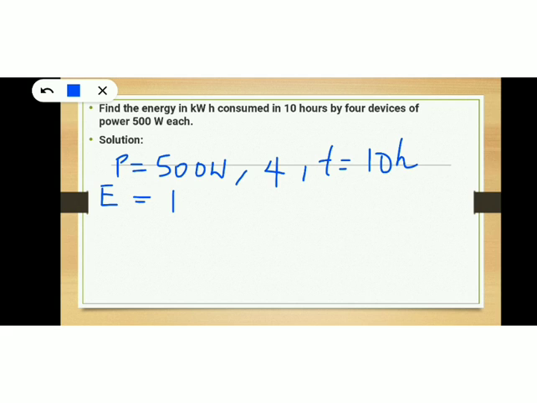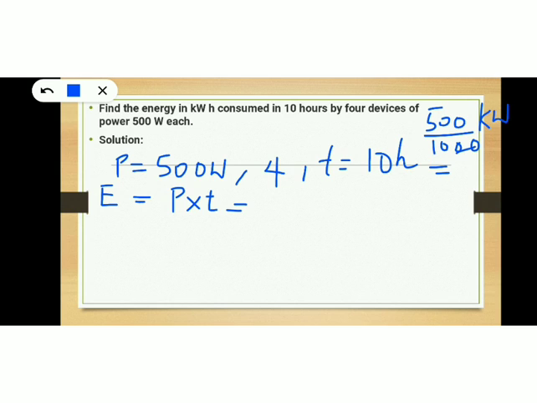So energy is obtained by multiplying power with time, equal to 500 kilowatt. Sorry, 500 watt. So the given power is in watt. We need to convert it into kilowatt. And how much is 500 watt? 500 watt is equal to 500 by 1000 kilowatt.